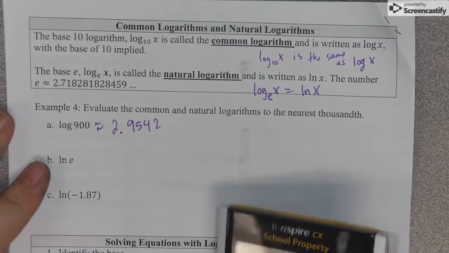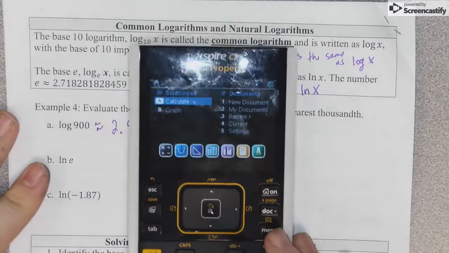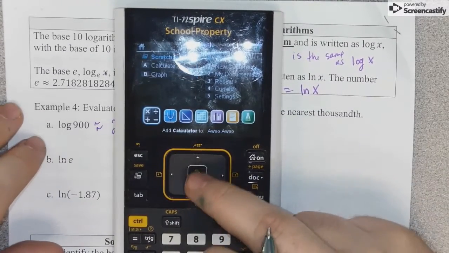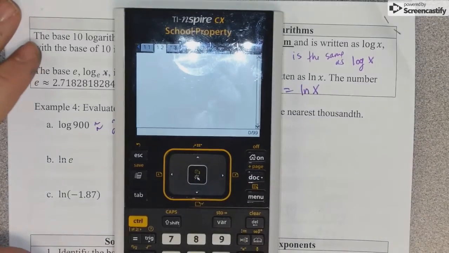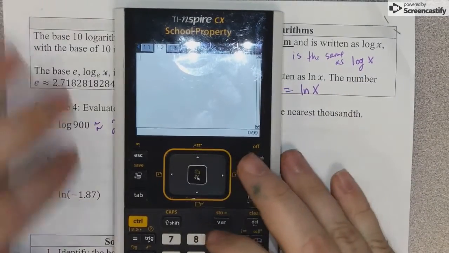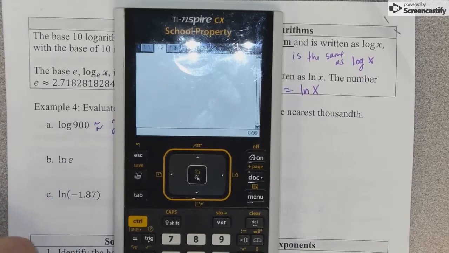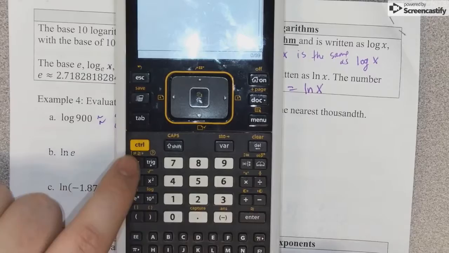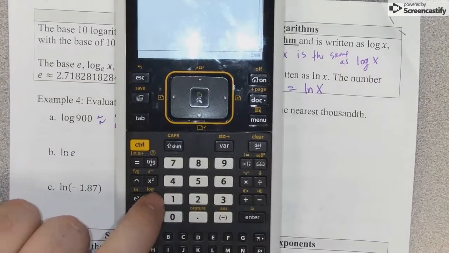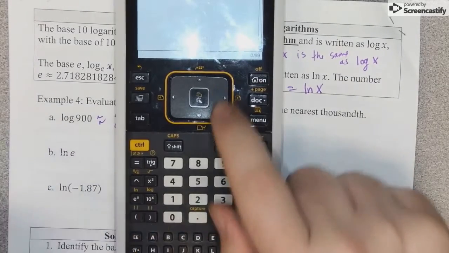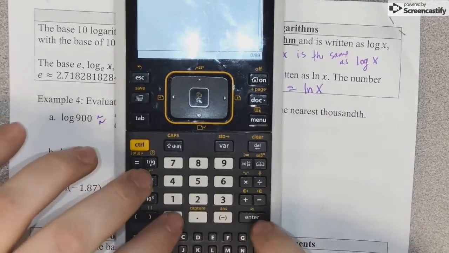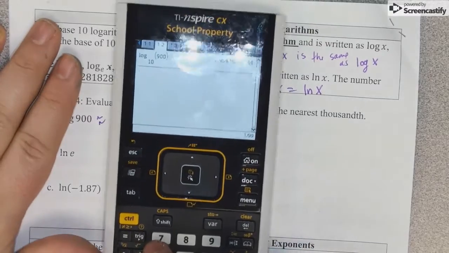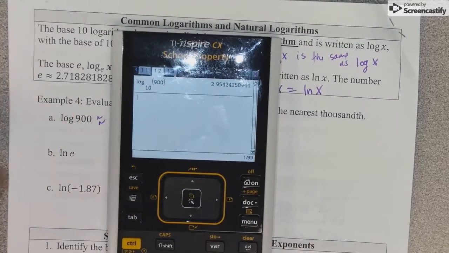And just so you can see how it's plugged into the calculator, where it says log, hit control, and it's 10 to the power of x. So log base 10 of 900 is 2.9542.